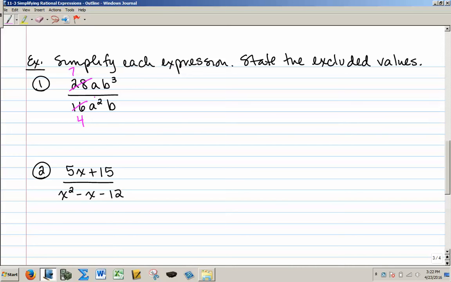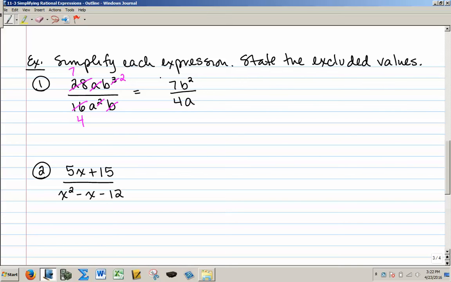I have an a over an a squared, so 1a on top cancels with 1a on the bottom. I have a b cubed on top and a b on the bottom. The 1b on the bottom will take out one of those on the top and leave me with a 2 there. So my final answer is 7b squared over 4a.